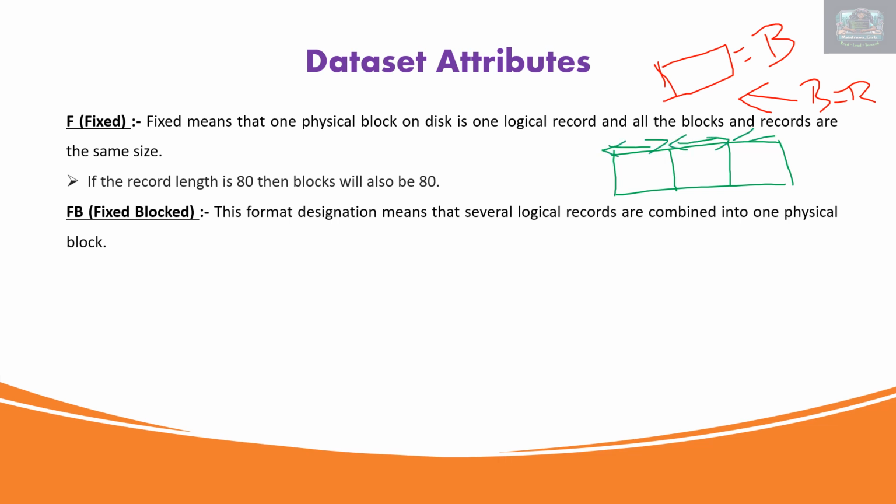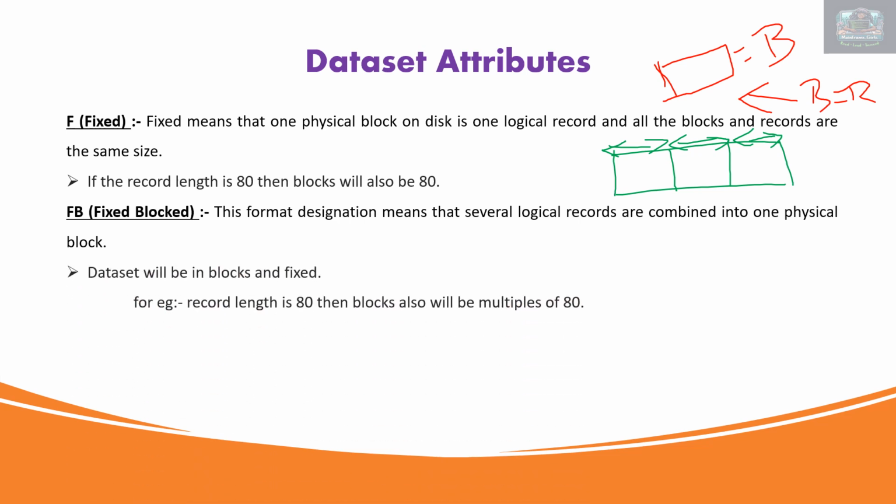And here is how the math works. If the record length is 80, and suppose this is the block, the block size you should specify as multiples of 80. That is, it could be 2, which gives 160.